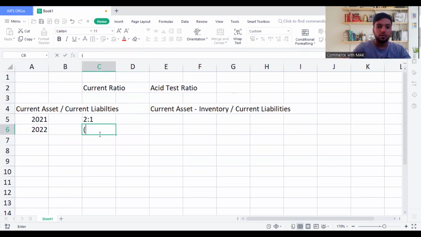We got 15 divided by 5 will give you an answer of 3 is to 1. So answer is going to be 3 is to 1.